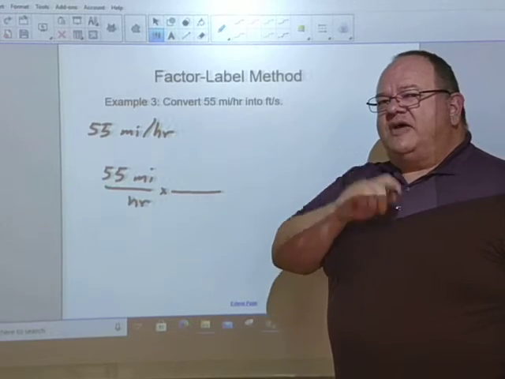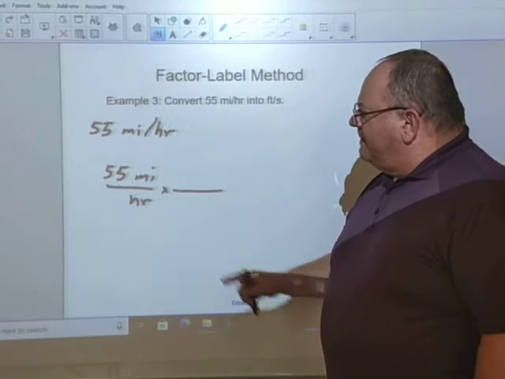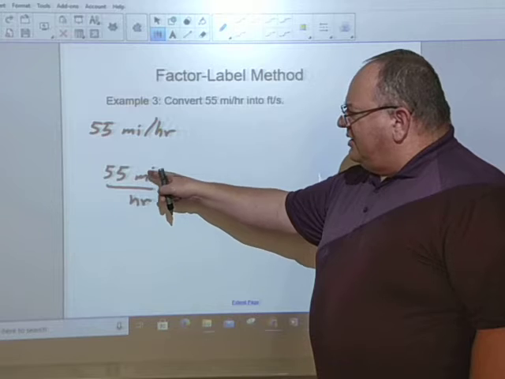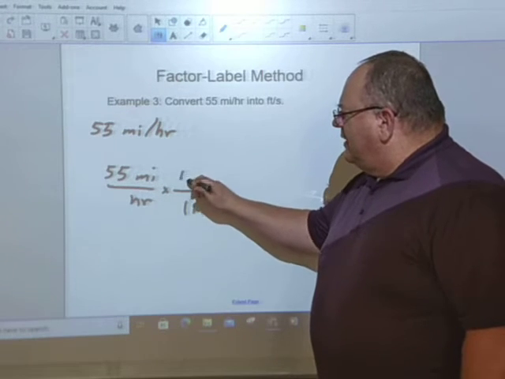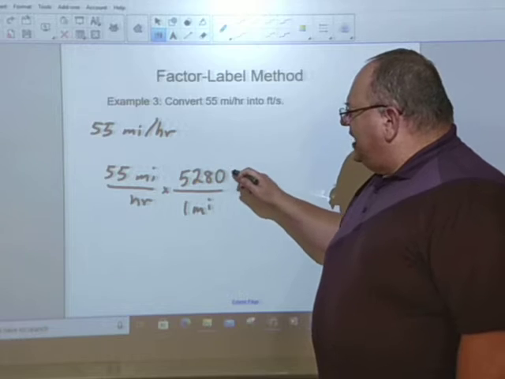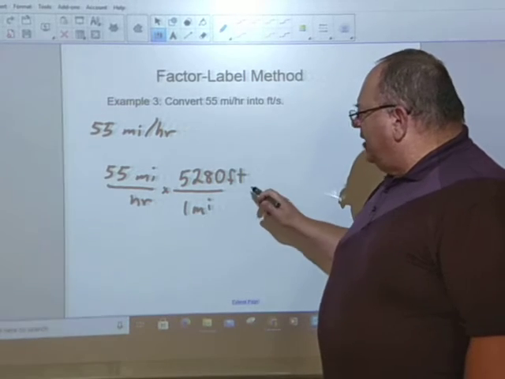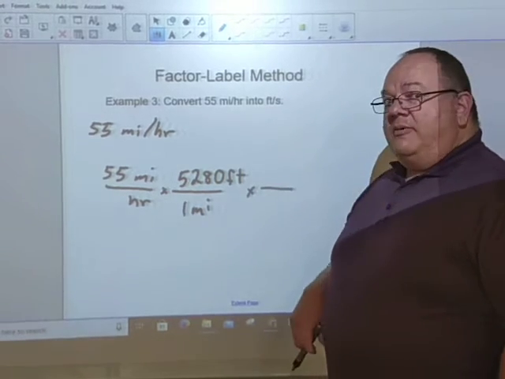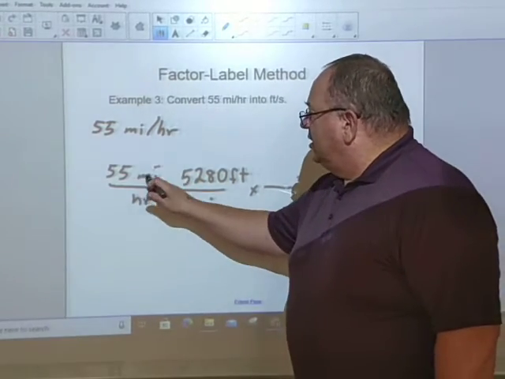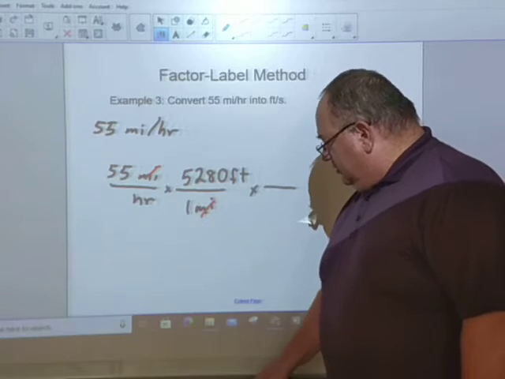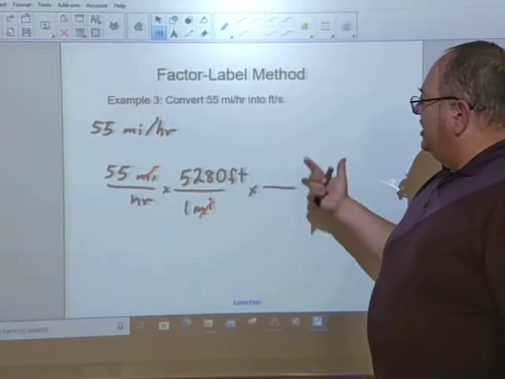And I know there's 5,280 feet in a mile. And that mile is on top, so I want mile on the bottom. There's 5,280 feet in 1 mile. I'm going to put another conversion factor. This one is going to cross off miles. Hours and seconds.